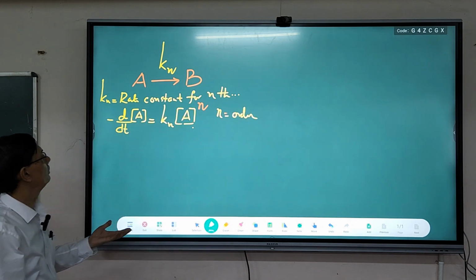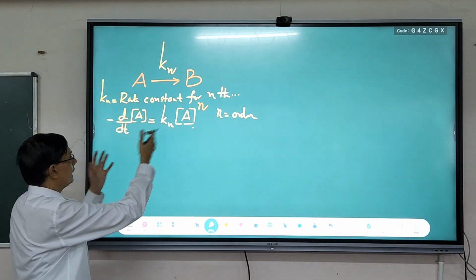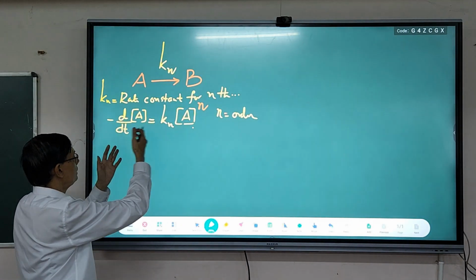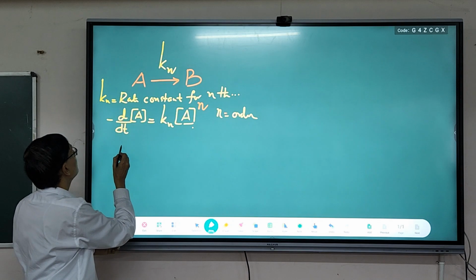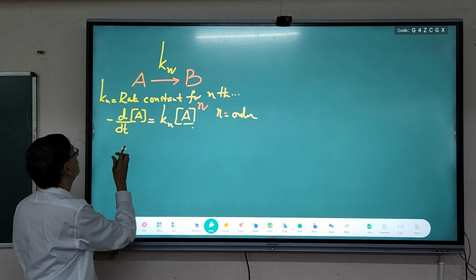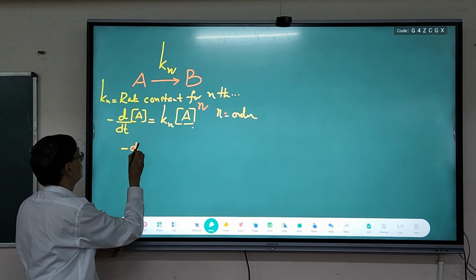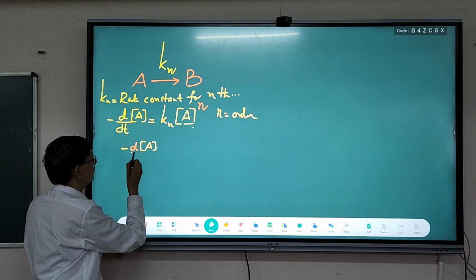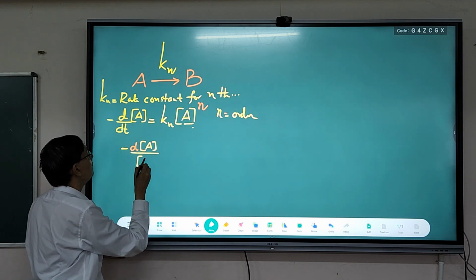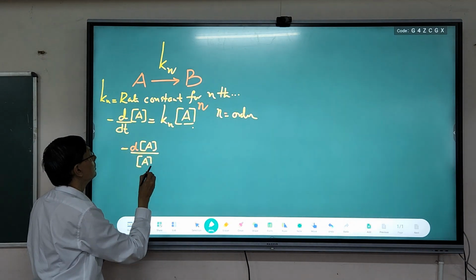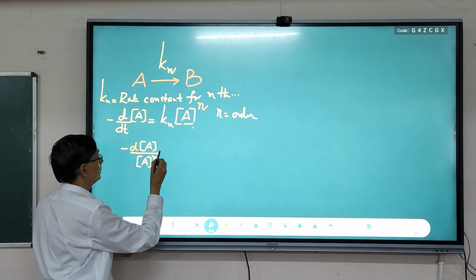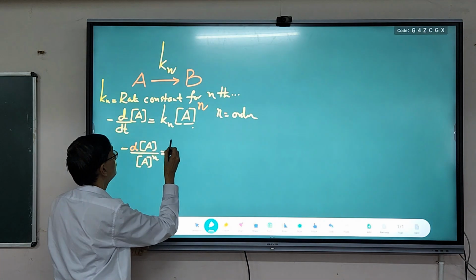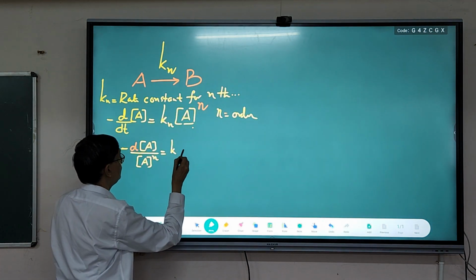So let me solve. Again rearranging the variables, concentration and time, I can write A to the power minus n dA is equal to minus Kn dt.